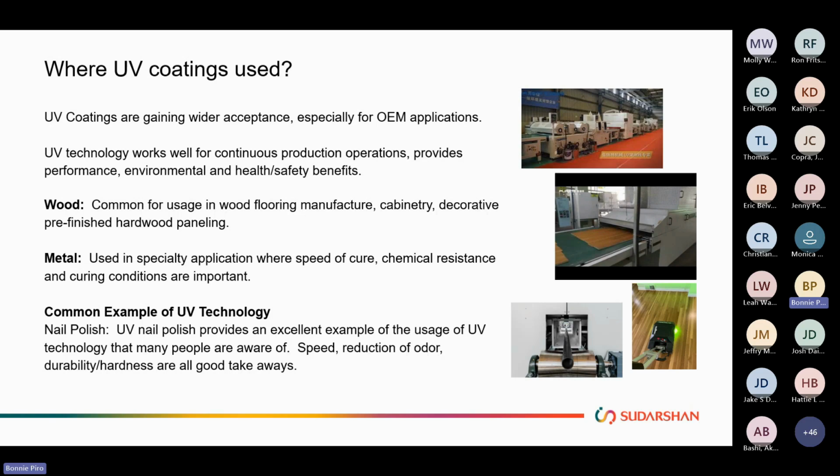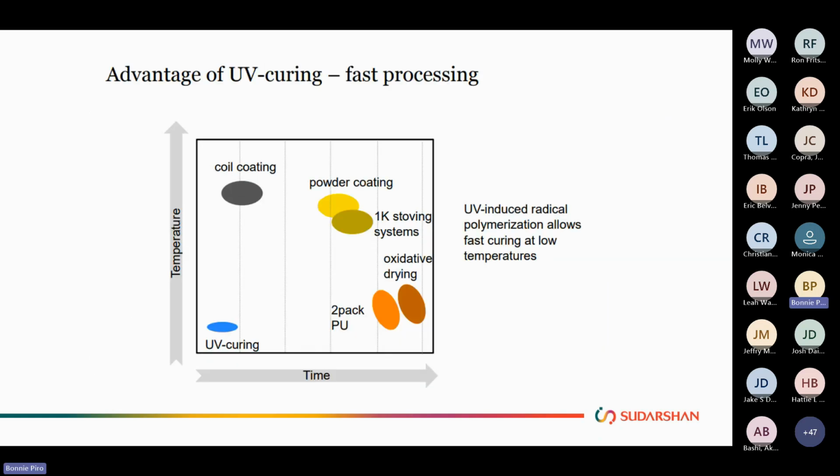We see a lot of it in wood and metal finishing to increase productivity from a manufacturing perspective. Another common example, of course, is nail polish. As I mentioned, the advantage is the productivity for some of these industries because it is so fast in processing.